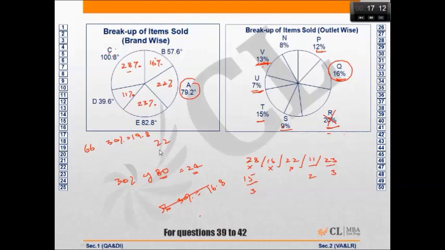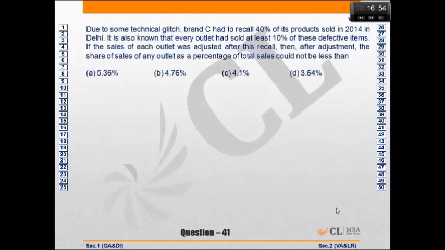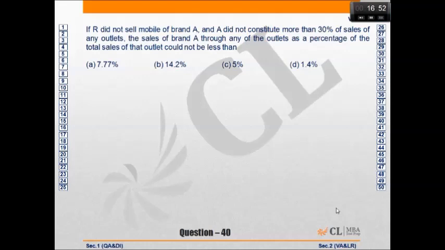Out of 22, 19.8 is gone, 2.2 is left. So it is 2.2 on 16. This could be one possible answer. 2.2 on 16 is 1.1 upon 8, that's approximately 12.5%.